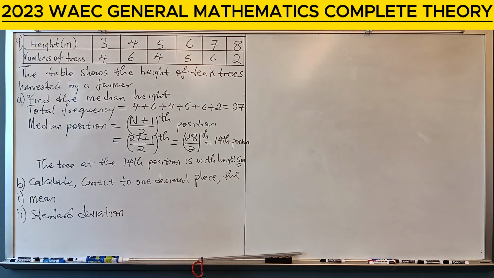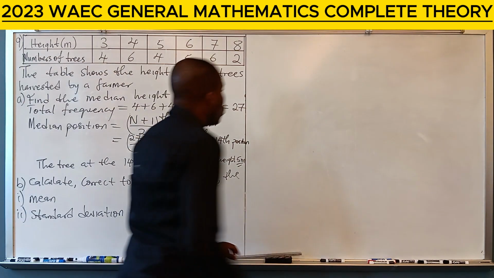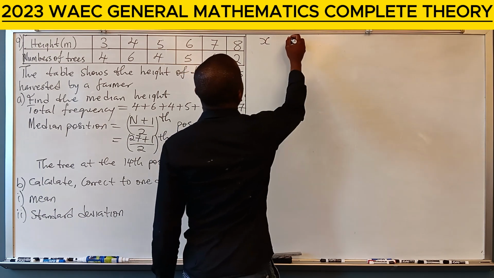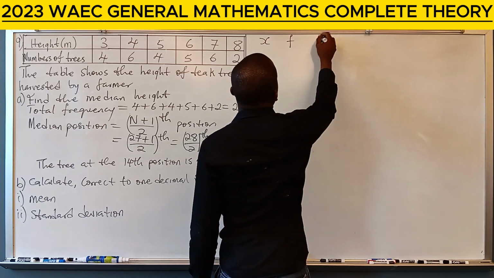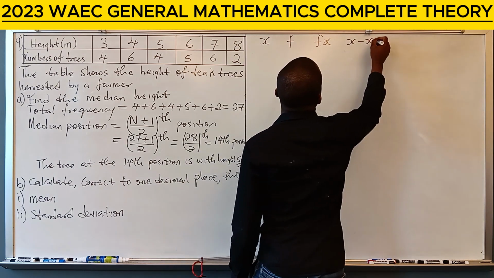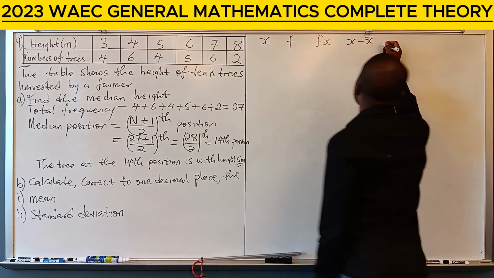The second thing we're asked to look for is to calculate the mean and the standard deviation. So let's draw the frequency table. This is x, this is f. You need fx to get the mean. You need x minus x bar to get the deviation.